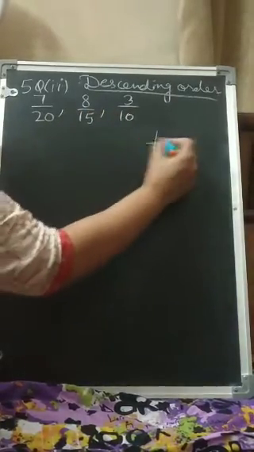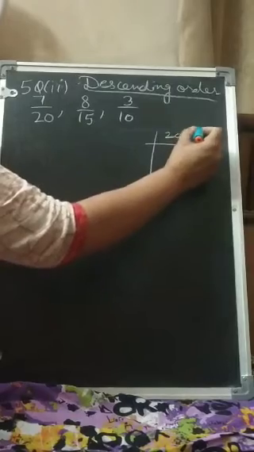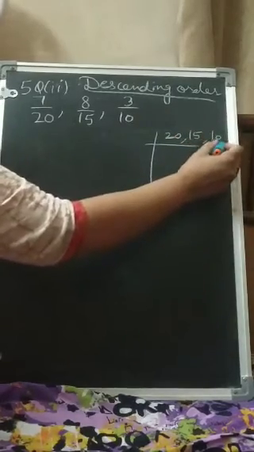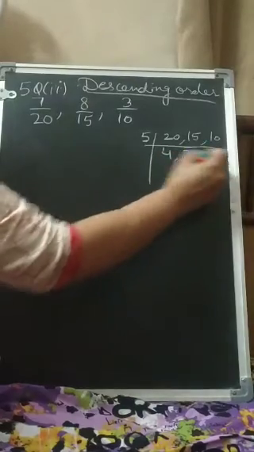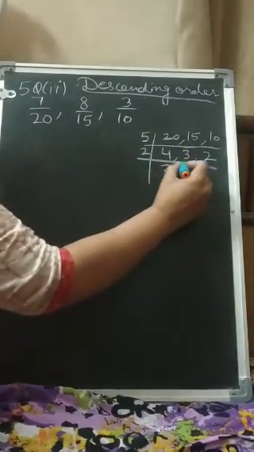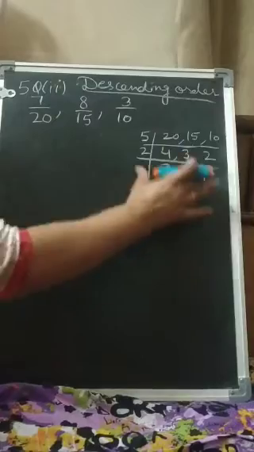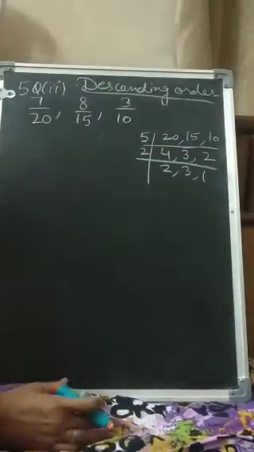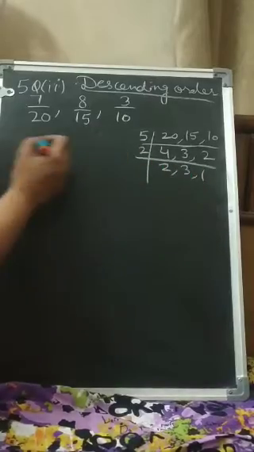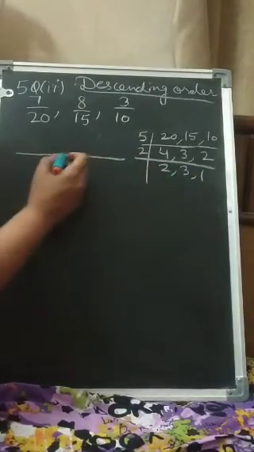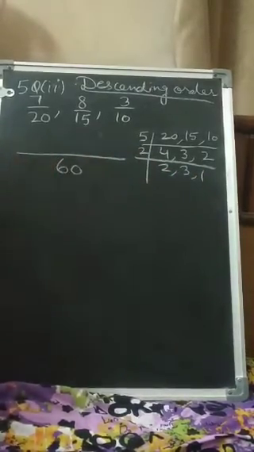On the right side you can do rough work and check what the LCM of these three numbers can be. It can go with 5. 5 2s are 10, 2s are 20, 3s are 60. So we have checked on the right side, the LCM will be 60.